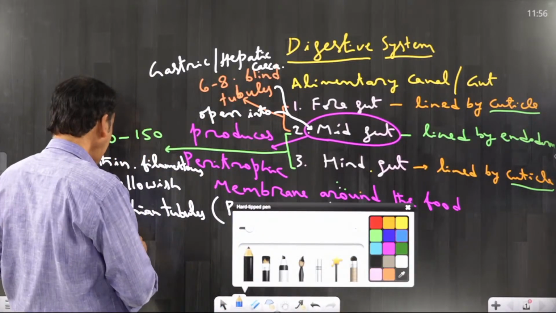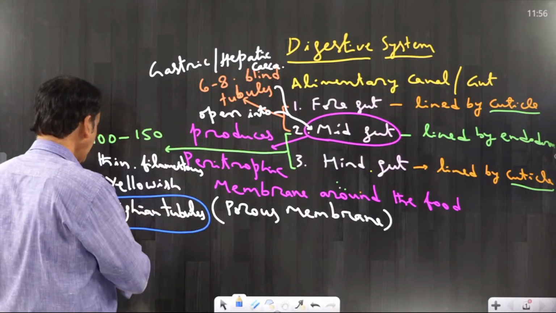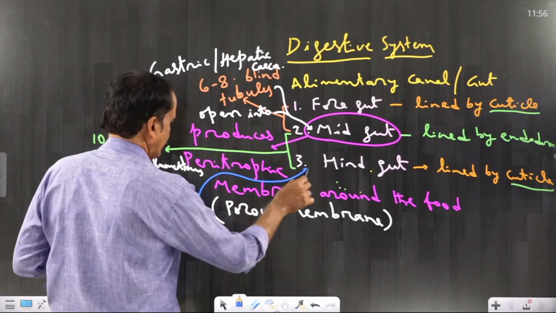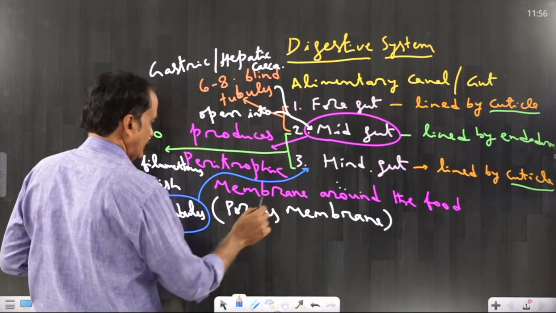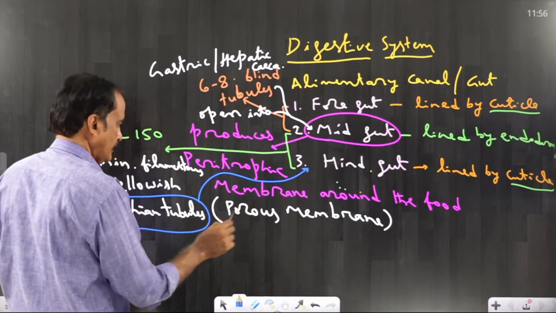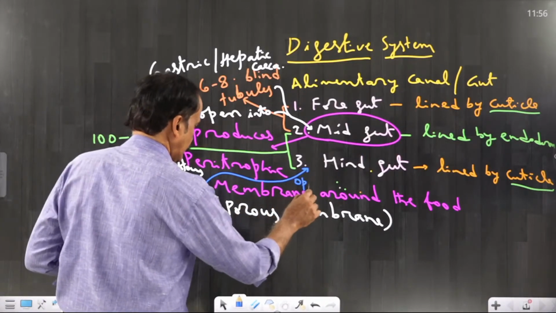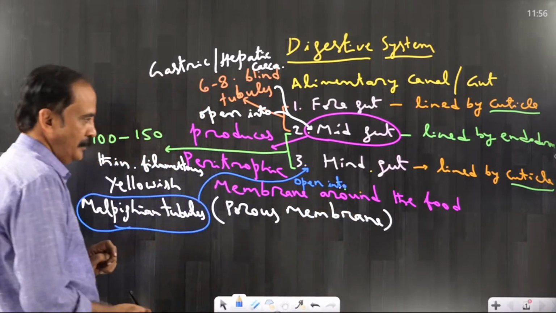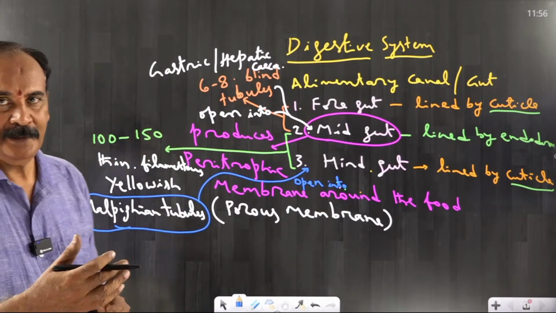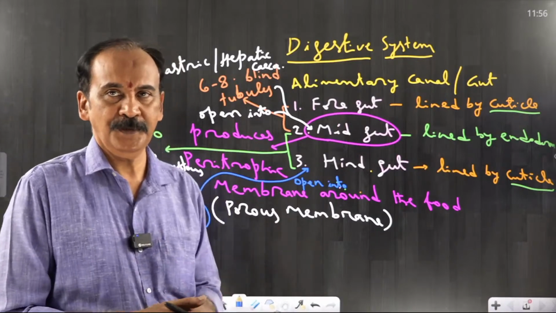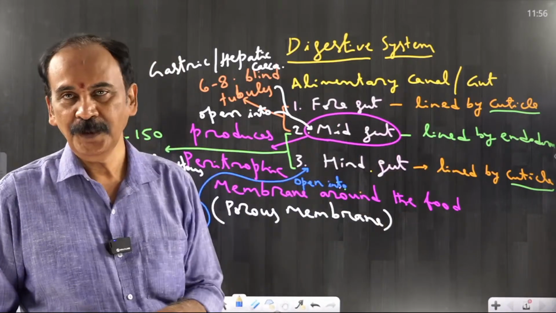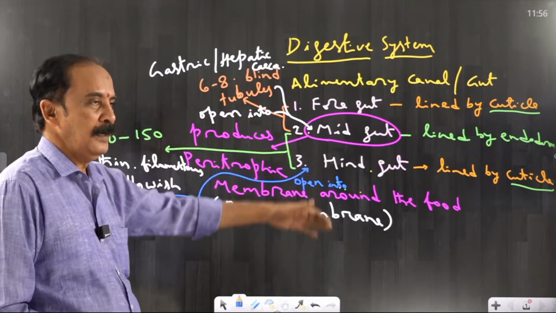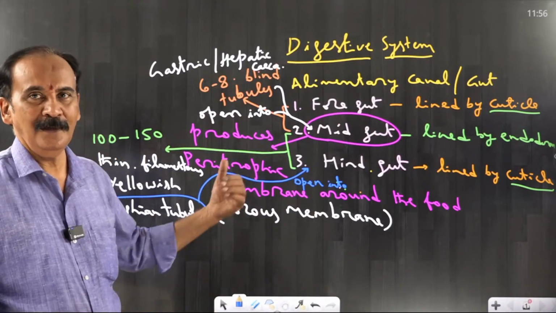Malpighian tubules, as you know, will be collecting the nitrogenous waste from the blood or from the hemolymph, and it gets released into the first part of the hindgut called as ileum.